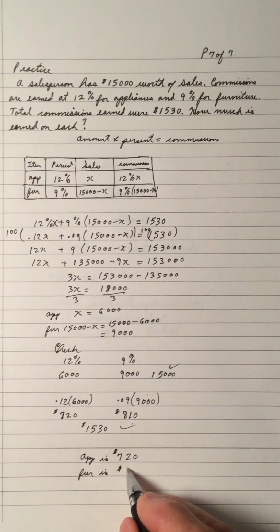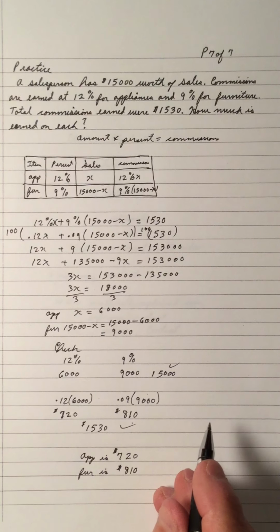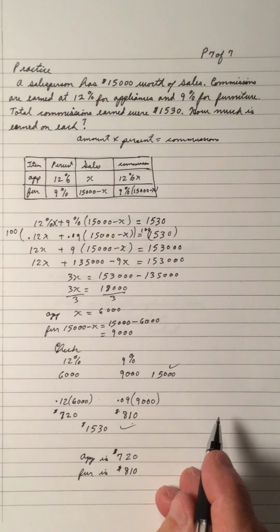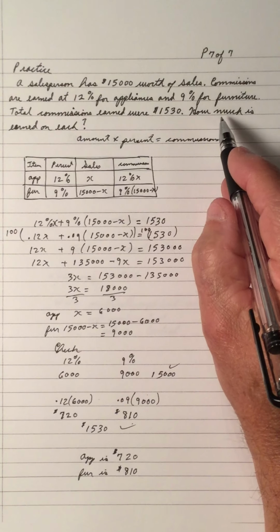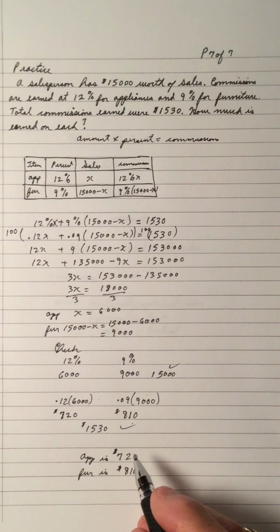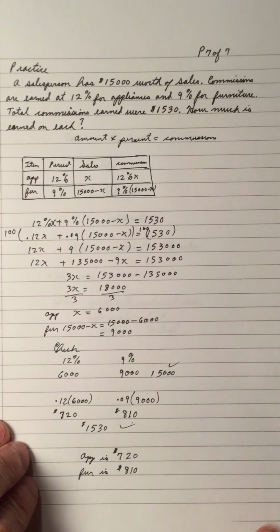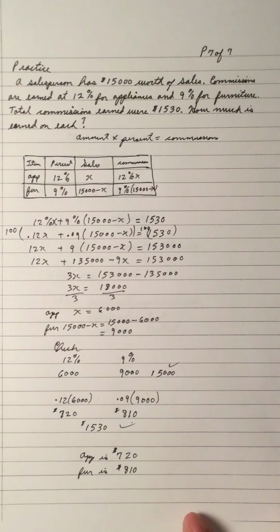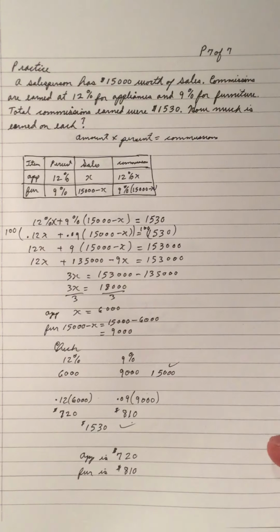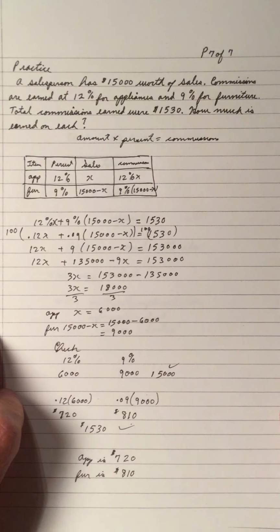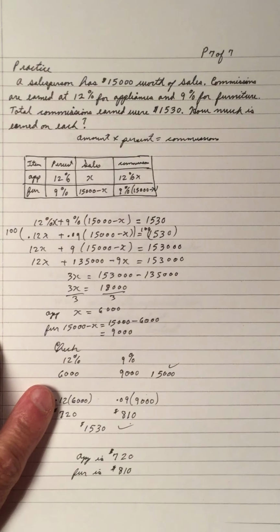It asks how much was earned, so 720 and 810. The problem is very similar to interest. Percentage-wise, everything worked out the same, but they are two different things. One is interest on money, this is commissions on sales.